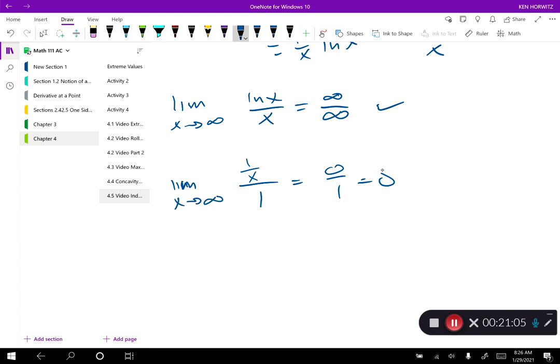So I would think about using the algebraic way if you see things like square roots, cube roots in your function. Using the algebraic way might be better. As far as L'Hopital's rule goes, just keep in mind that before you take the derivative of the top and bottom, you need a top and bottom. Hence, you need it in the form of 0 over 0 or infinity over infinity. All right, like I said, just a quick overview.